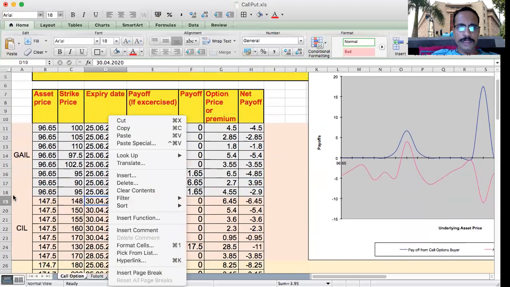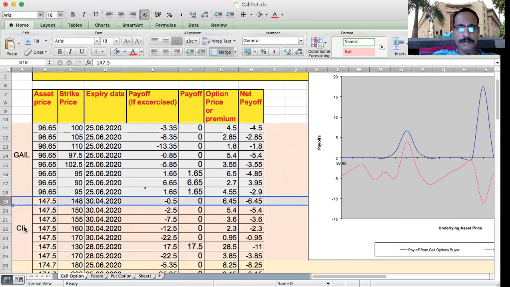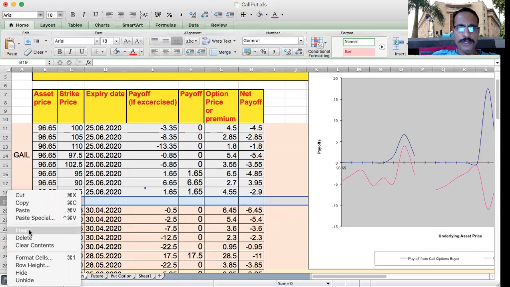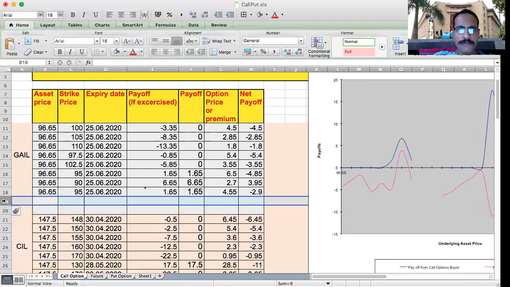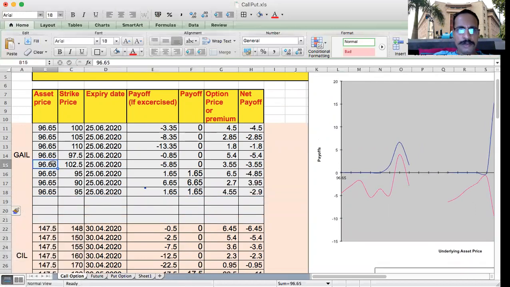So what I'm going to do here, to make the point more clear, I'll insert a few more rows, and I will put some more prices. So let us say my strike price is, or the asset price today.